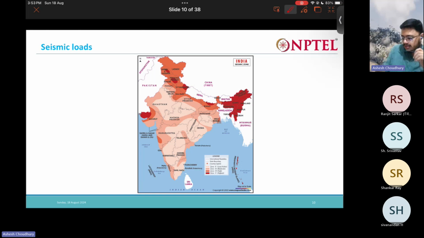When we construct in northeastern India, we consider seismic forces, whether it is in Delhi or northeast or South India, everywhere we consider them, but especially in high seismic zones we have to give special attention. So this is the seismic zonation map.